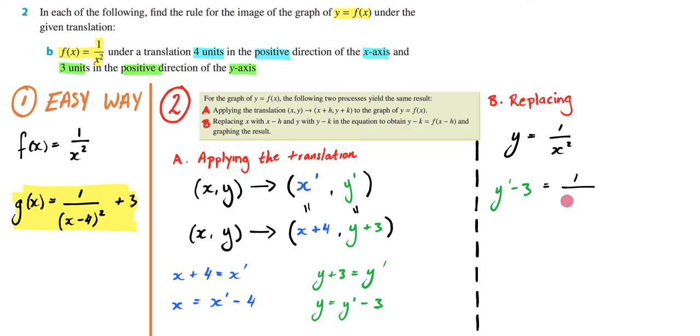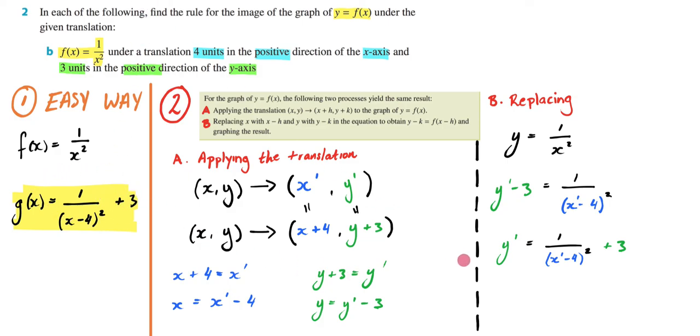So I'm going to put that in, x dash minus 4, and square that. I then rearrange it so I have my y by itself. Nearly there. And hopefully you can see that this is the same as this.